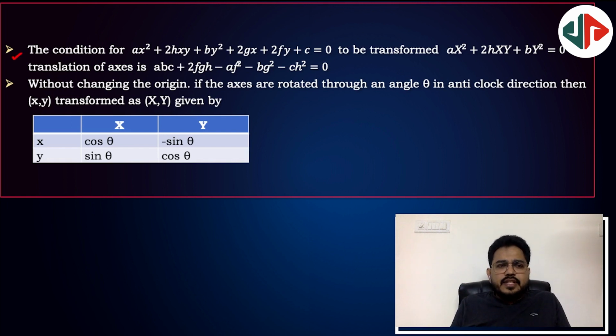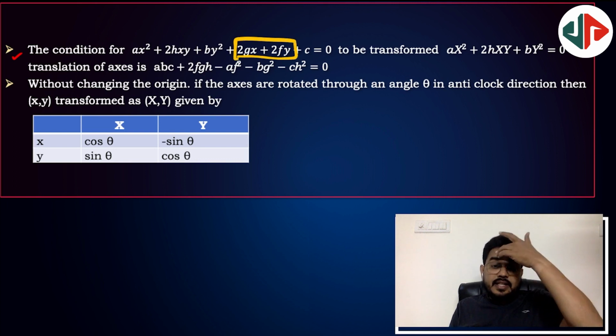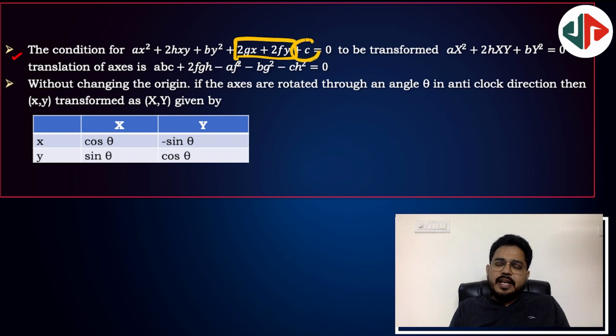So let us look at the first condition. What does that mean? Here we are eliminating the linear terms. To eliminate the linear terms, we have to shift the origin to that point. But here c is also eliminated, so it is representing a homogeneous equation. So the constant term also needs to be 0.